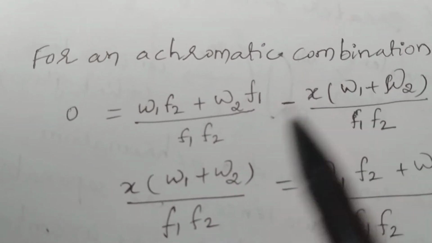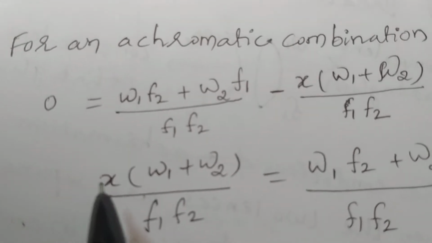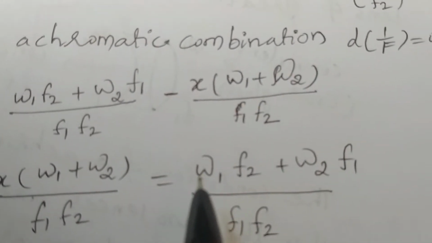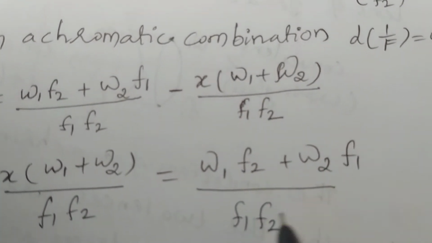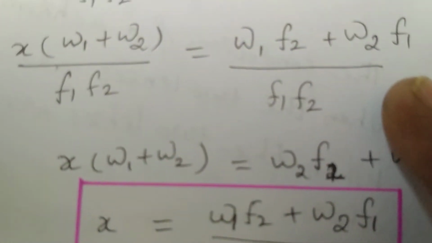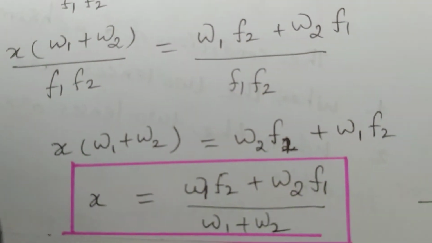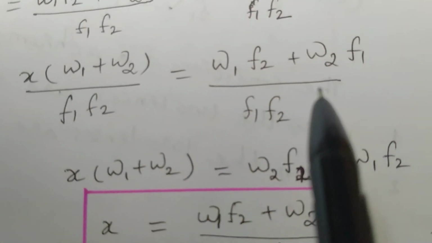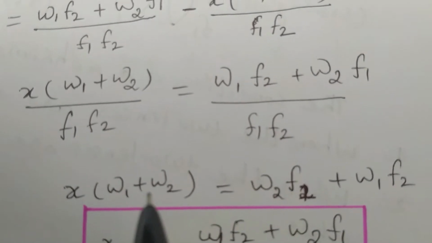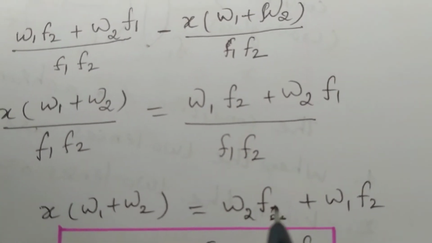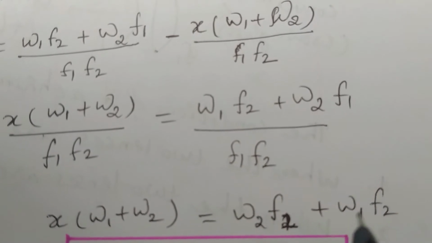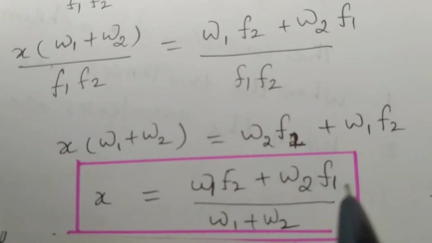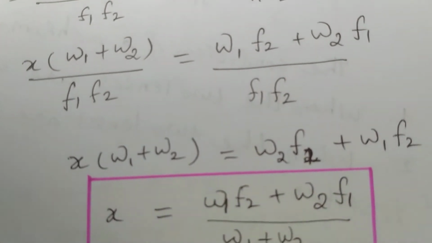Therefore, taking this term to the other side, x into omega 1 plus omega 2 by f1 f2 is equal to omega 1 f2 plus omega 2 f1 by f1 f2. The denominators f1 f2 cancel. So x into omega 1 plus omega 2 is equal to omega 1 f2 plus omega 2 f1. Therefore x is equal to omega 1 f2 plus omega 2 f1 by omega 1 plus omega 2.